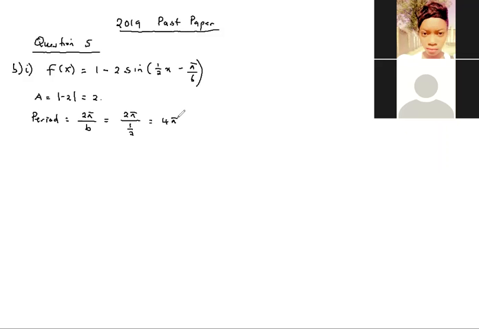The phase shift, in this case, since the vertical is mentioned alone, here we mean the horizontal shift. So we equate this to 0 and obtain x is equal to pi over 6 divided by half, which is the same as pi over 6 multiplied by 2, so that we get pi over 3.